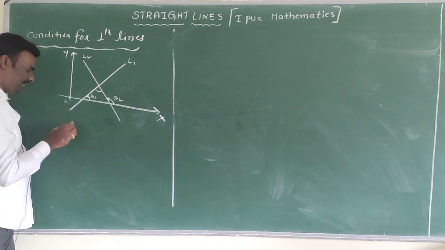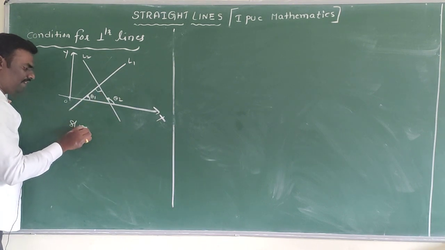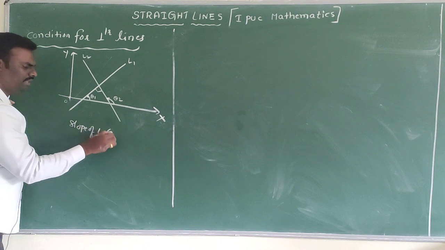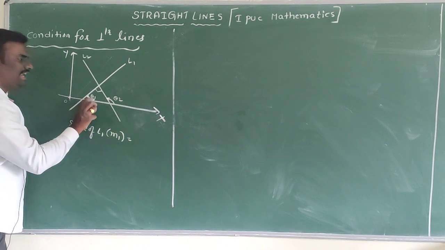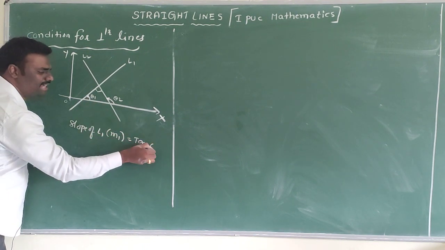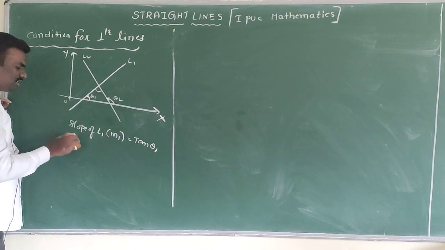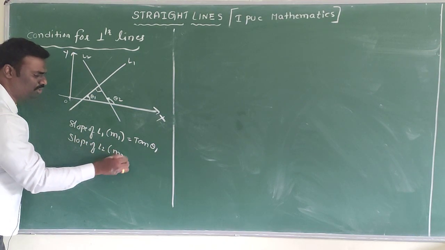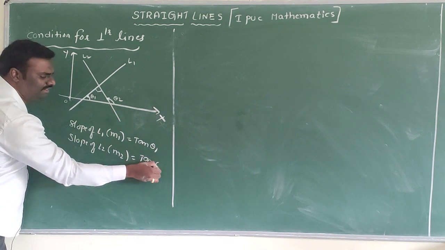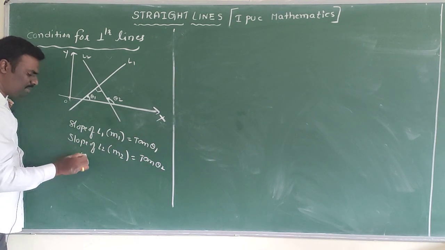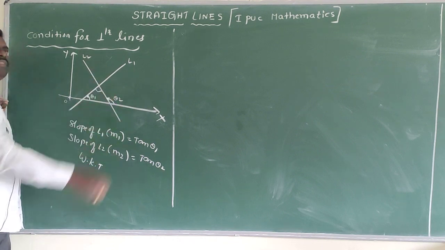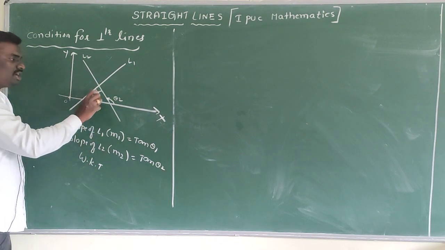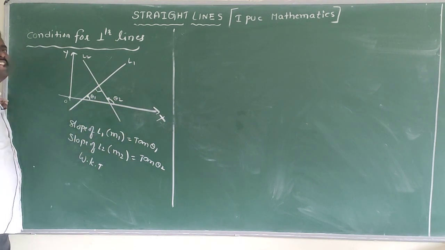Now I am finding slope of L1, that is nothing but m1. Already angle is theta 1, that's why it should be tan theta 1. And next, slope of the second line L2, it is denoted by m2 and this is tan theta 2. We know one concept. These are the which angles?